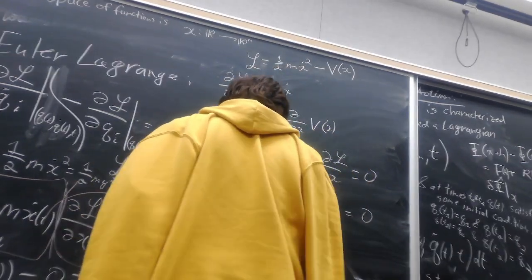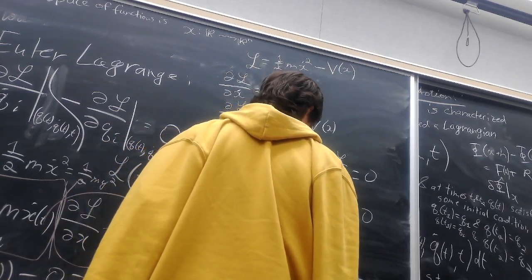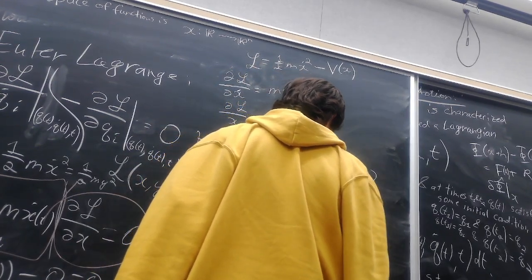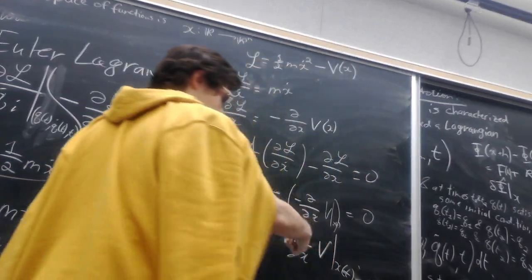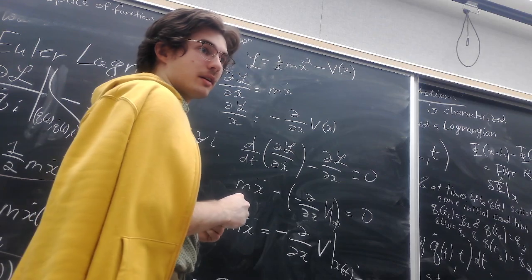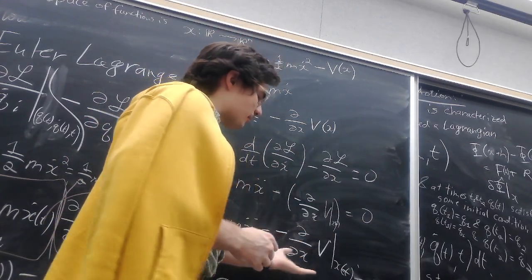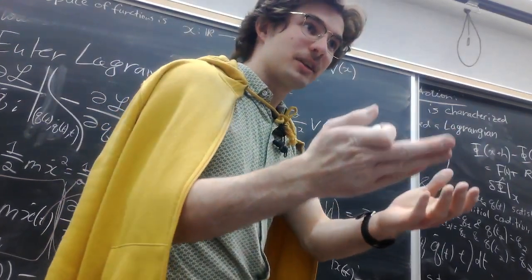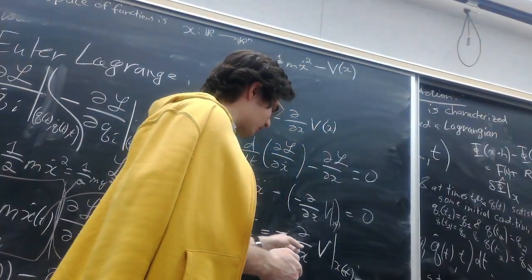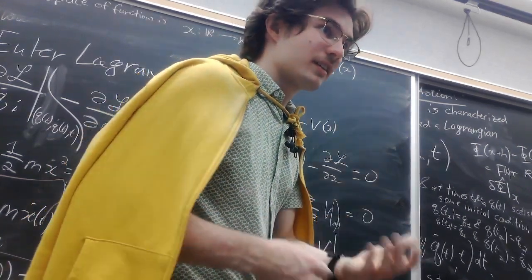So m x double dot is equal to minus partial x V at x of t. Do people remember what this is from last time? What is V? Some function, but we had V's last time and they were the potential, and minus the derivative with respect to x of the potential was what?